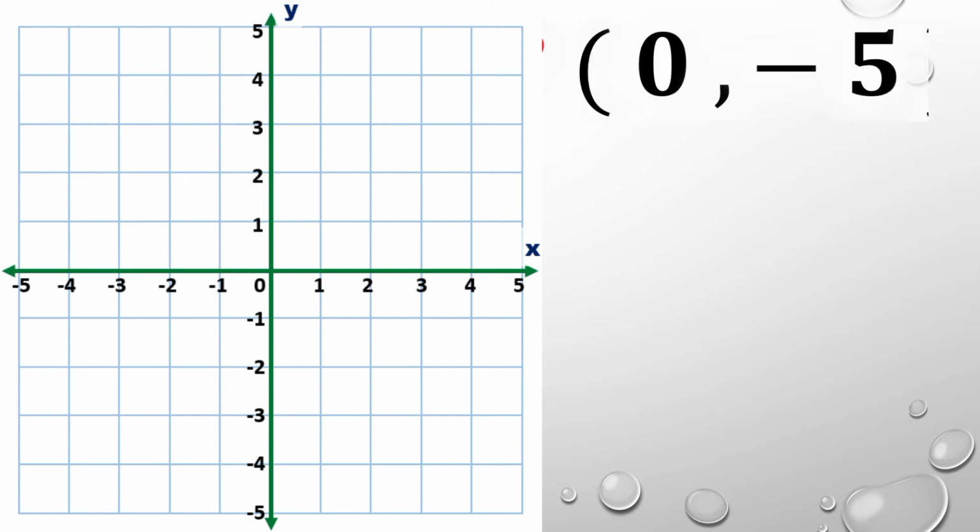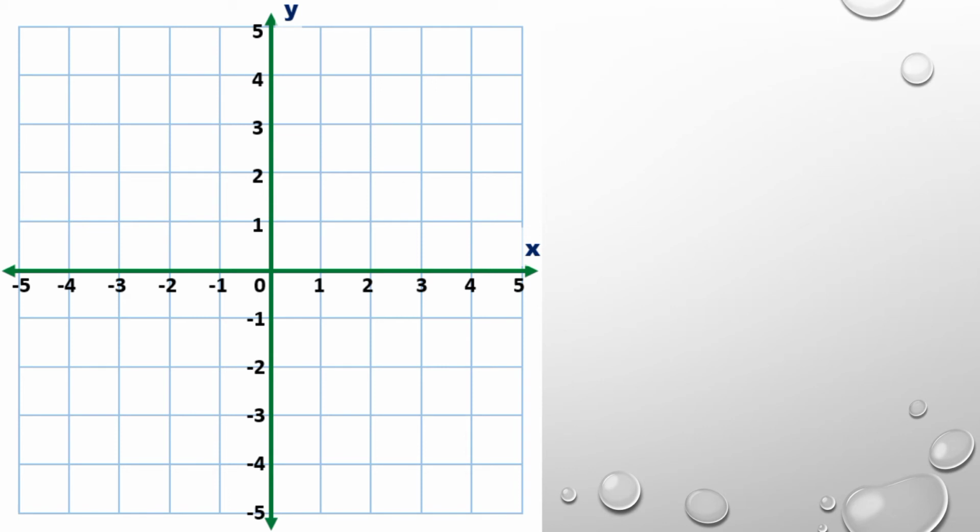Next point, we have 0, -5. Where is 0, -5? The x coordinate is 0 and the y coordinate is -5. It is located along the y-axis. Next point, 3, -1. Where is 3, -1?